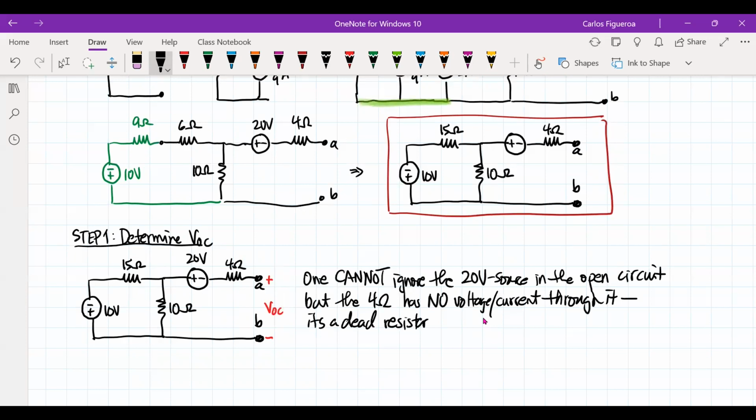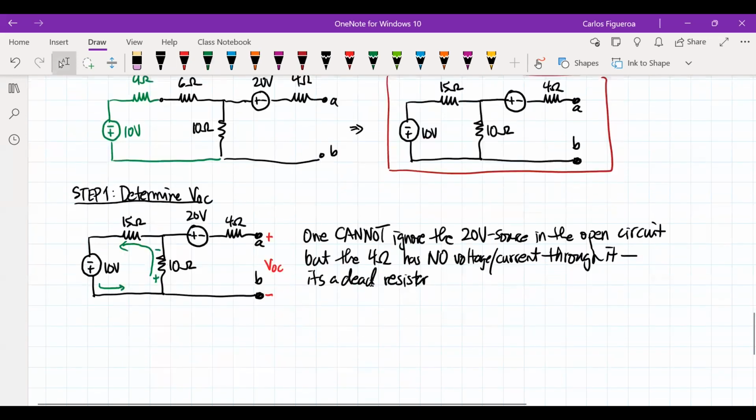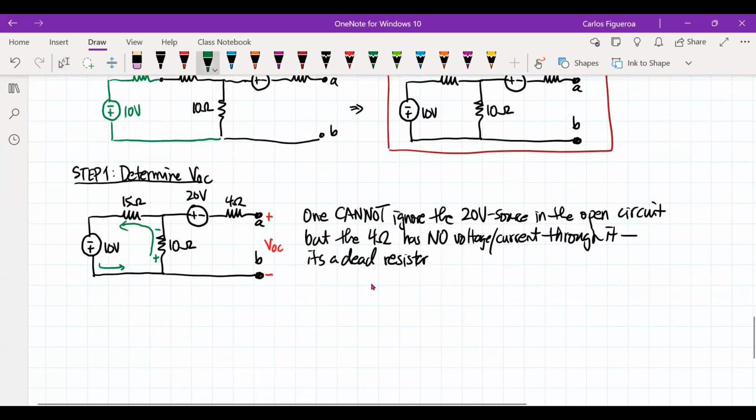Because this is an open branch, my current only flows in this branch right here. So that means that if I look at this, that's going to be the polarity of that 10-volt source right there. So I really only have one circuit to analyze.